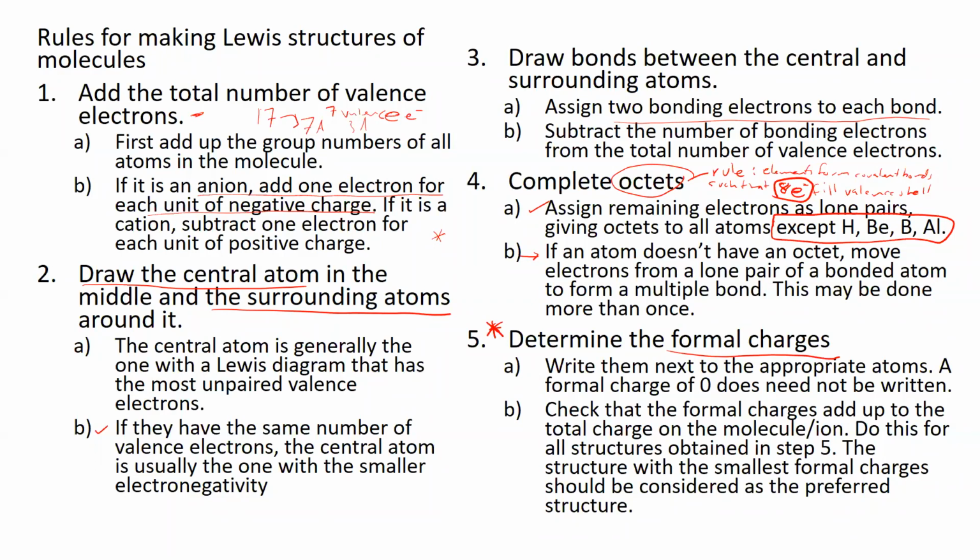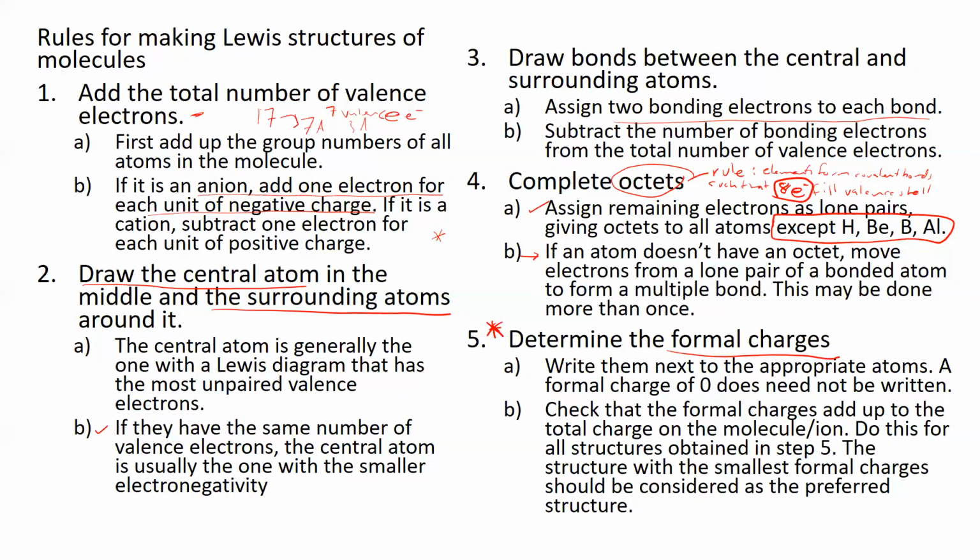And the way you're going to do that is a calculation, which we'll look at a little bit later, but basically you're going to take the number of valence electrons of that atom in its free state, subtract off the number of lone pair electrons and half of the number of bonding electrons that are attached to it. And so that'll give us this formal charge.